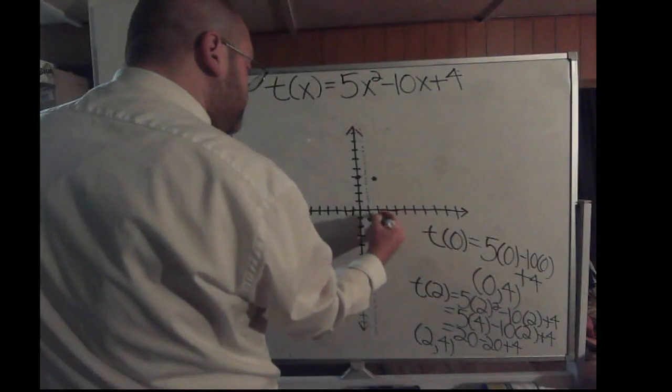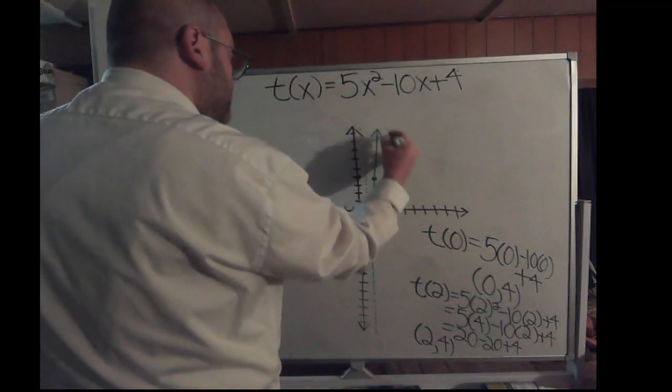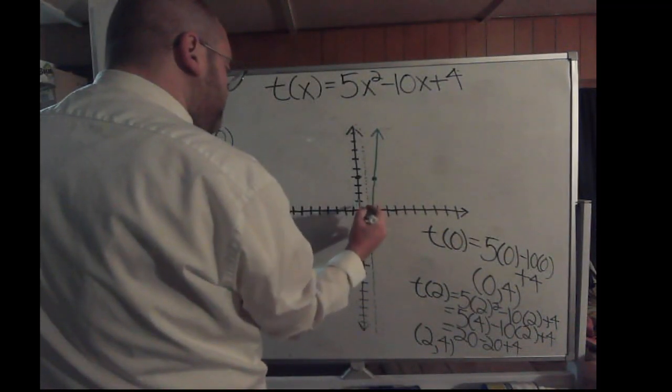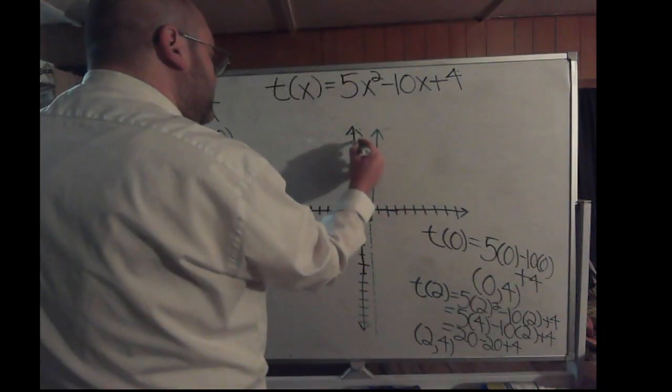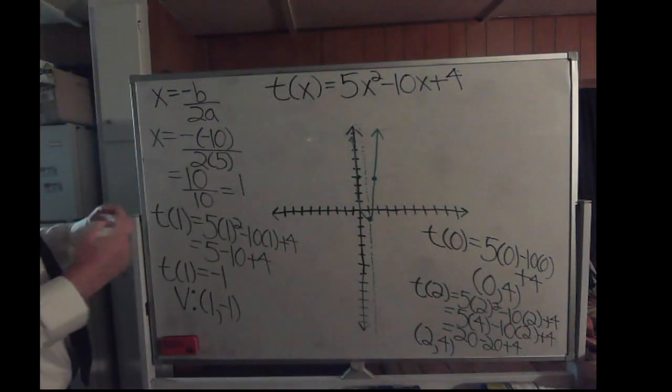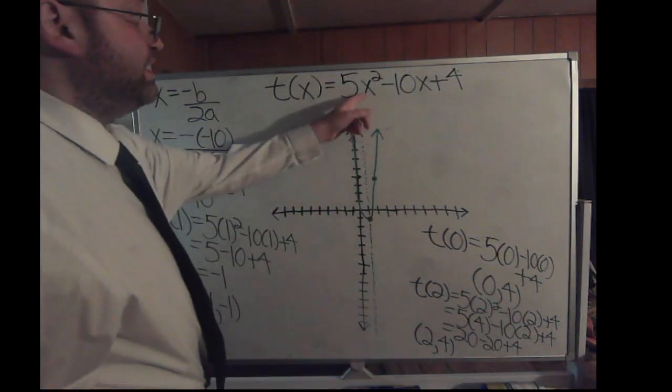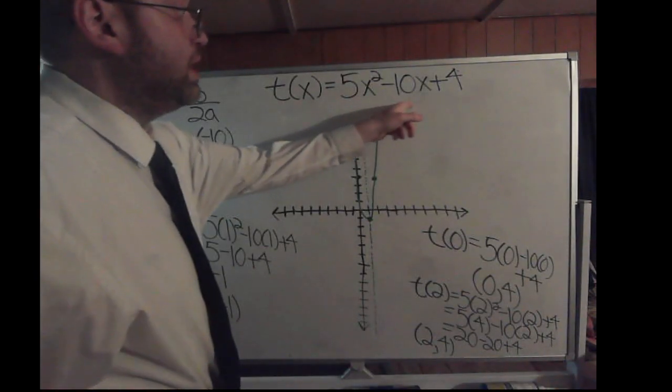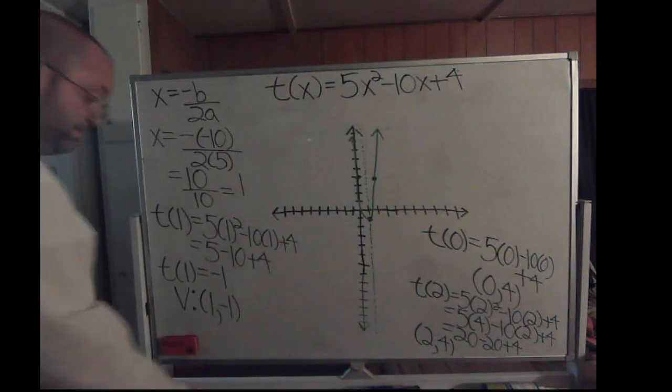And now we can draw our graph because we have enough points to connect the dots. And that would be your graph of t of x equals 5x squared minus 10x plus 4.